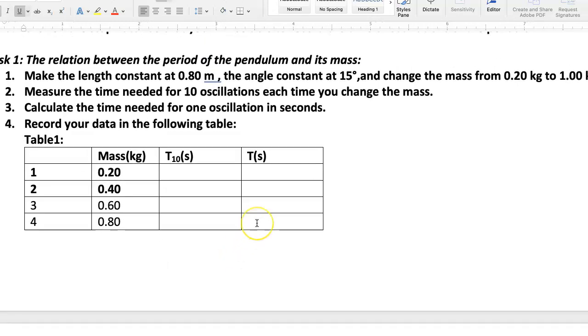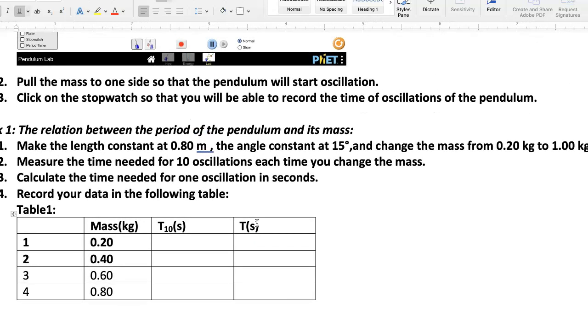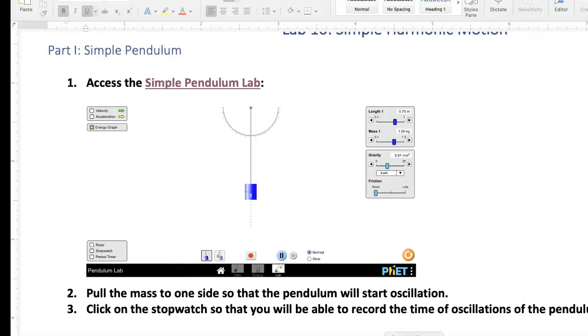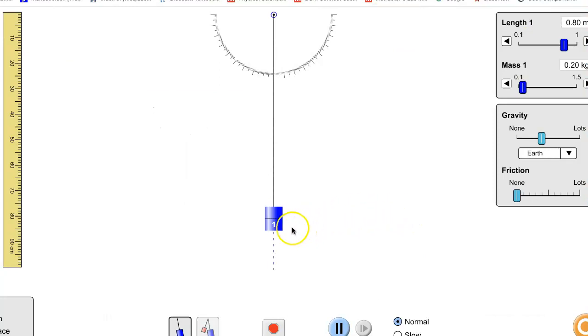All right, this is really the first task. Let me show you here how we are going to do this. I started here with 0.2. The angle here is going to measure negative 15, and this is how I'm going to make my system oscillate.